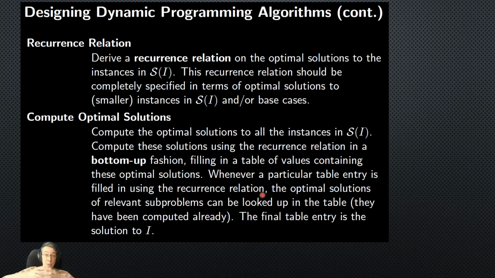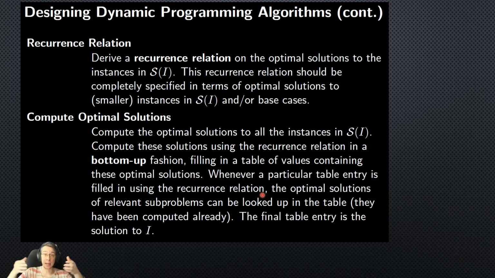and the optimal solution to this problem is going to be stored at some location in this table. In order to compute this location, you're going to be looking up some other locations in the table which contain optimal solutions to subproblems. And those optimal solutions of the relevant subproblems must already be computed when you are computing this entry in the table. That's what bottom-up means.